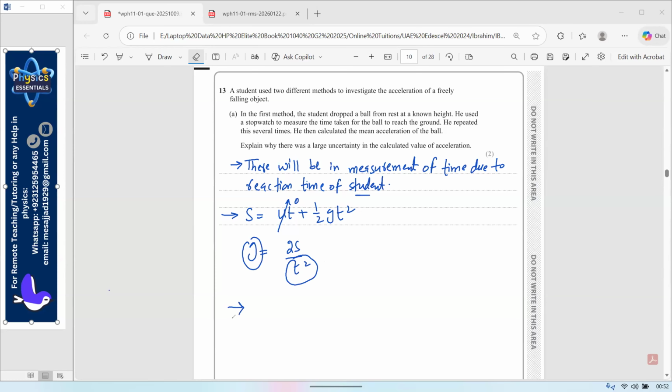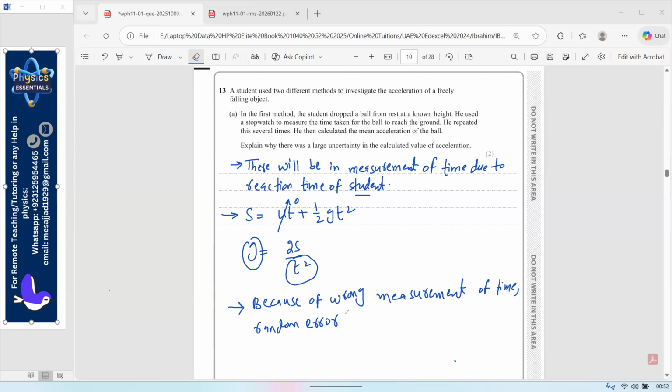So when you repeat your measurements and every time you have a different result, that is called random error. Because of reaction time or wrong measurement of time, you will add random error. Random error will increase.